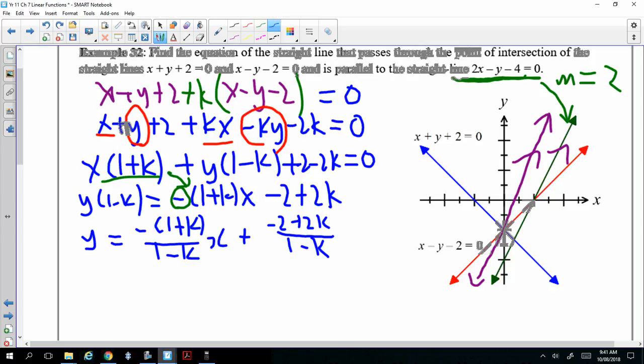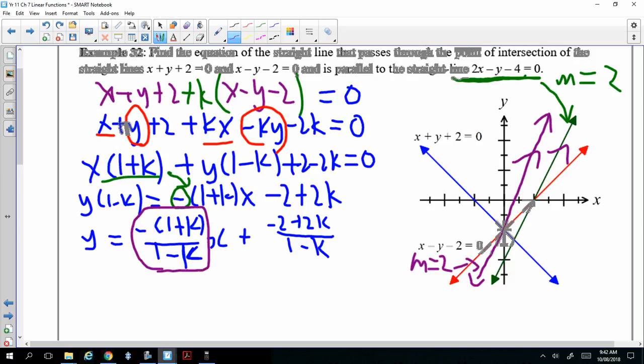Okay, now remember what was the gradient of the blue line? The purple line? The gradient must be 2 as well, right? So we're going to find a gradient, which is this. This is the gradient. The gradient must equal to 2.